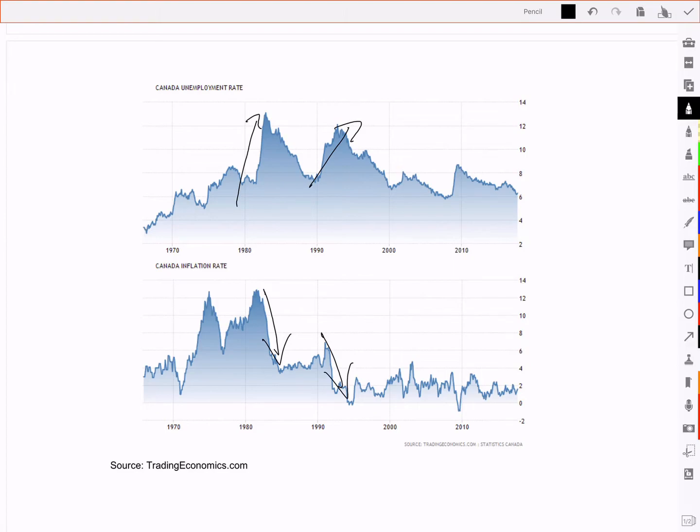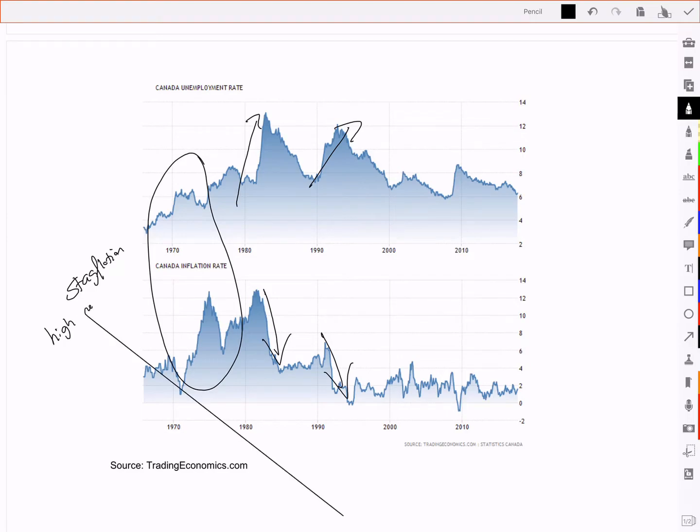So we can see this relationship here between the Phillips curve in the 80s and the 90s. You'll recall that in the 70s, we had stagflation. And what is stagflation? Stagflation is high unemployment and high inflation.